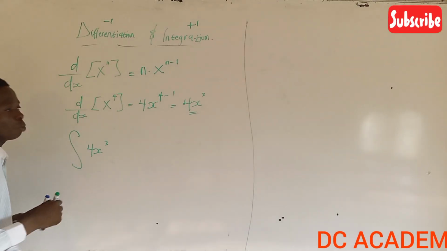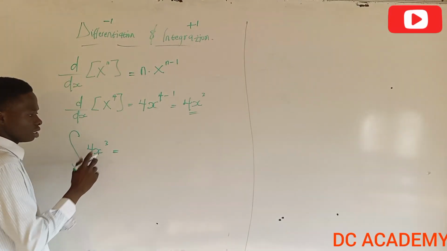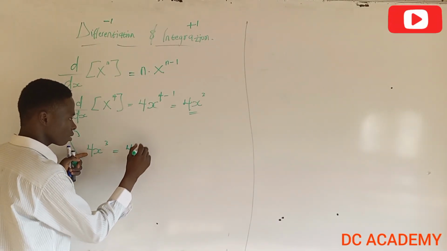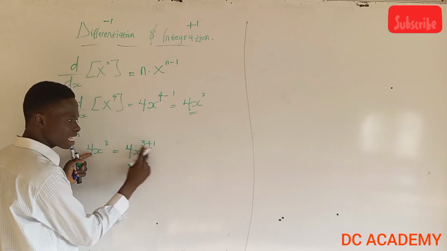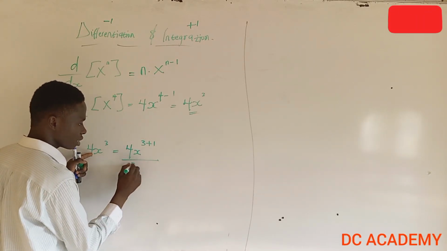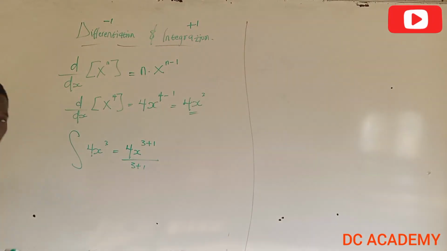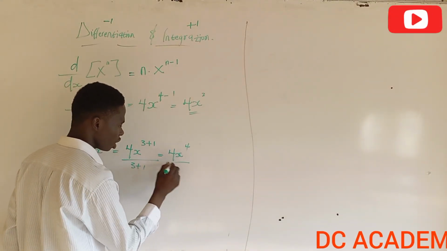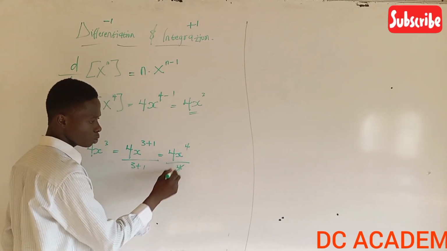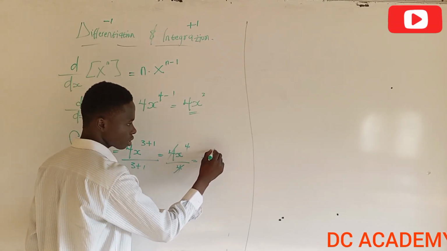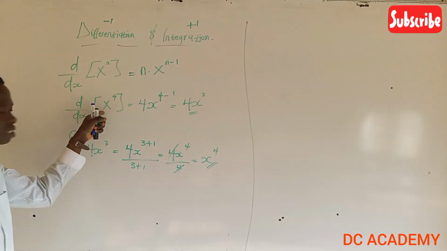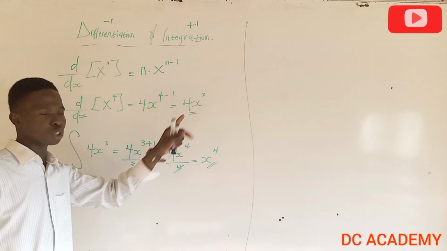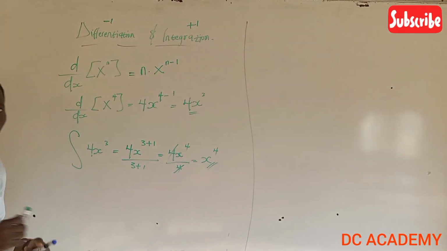By integration, this will not come with the times 4. 4x cubed, you add 1 to the power and use that new power to divide everything, 3 plus 1. It will now look like 4x to the power of 4, divided by 4. And this 4 will cancel this, leaving us with x to the power of 4. This is it. So when you differentiate and get this, if you integrate what you got, you come back to this. So that's the basic point.